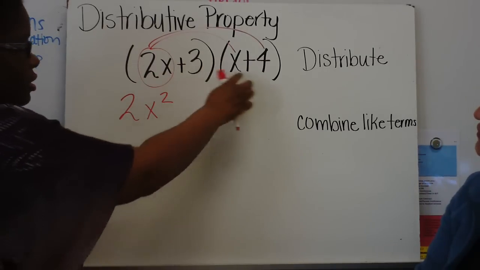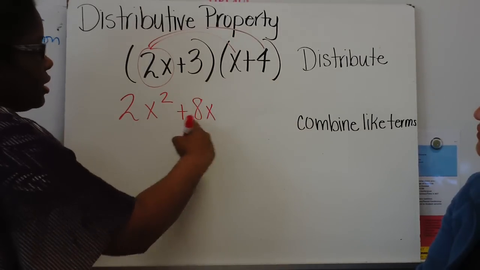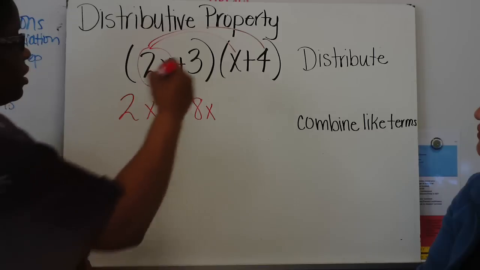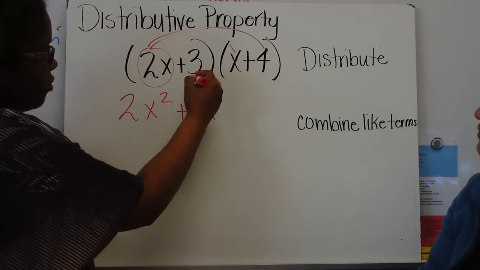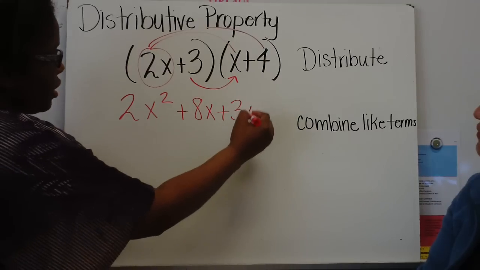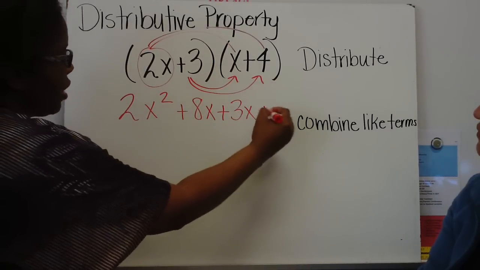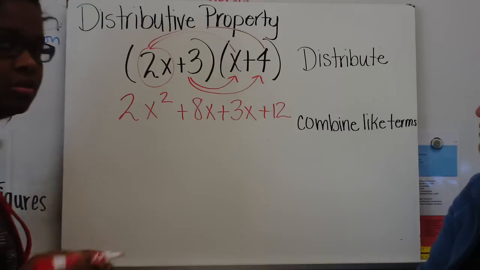And then 2x times 4 is 8x, so plus 8x because it's positive. Then you come to the second term and you do 3 times x, which is a positive 3x. And then 3 times 4 is positive 12.